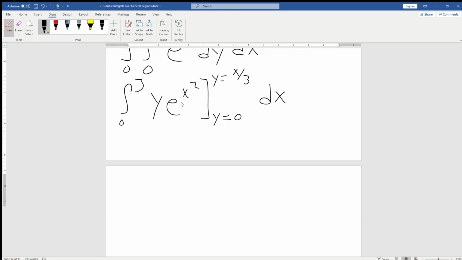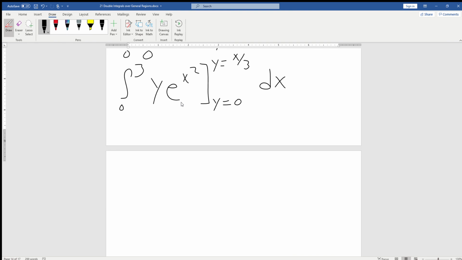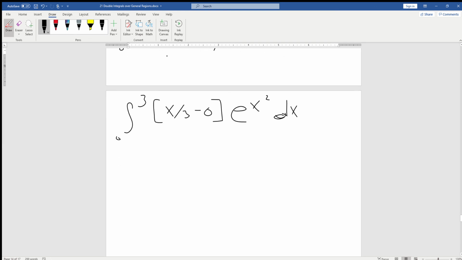We're going to substitute x over 3 minus 0 in for y. So now we get the integral from 0 to 3 of x over 3 minus 0, e to the x squared dx. Or we could just rewrite this by factoring out the 1/3: 1/3 times the integral from 0 to 3 of x e to the x squared dx.